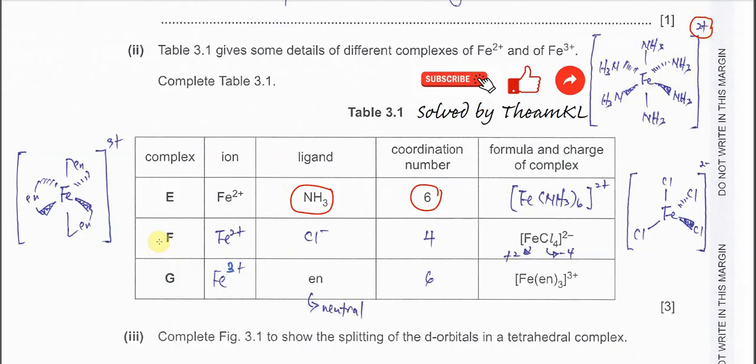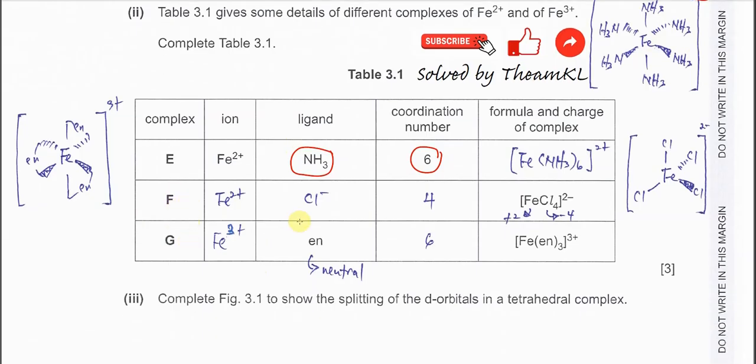Now complex F. Let's move to this part. FeCl4 2 negative. So this one has chloride as a ligand. So 4 chlorides and the overall charge is 2 negative.